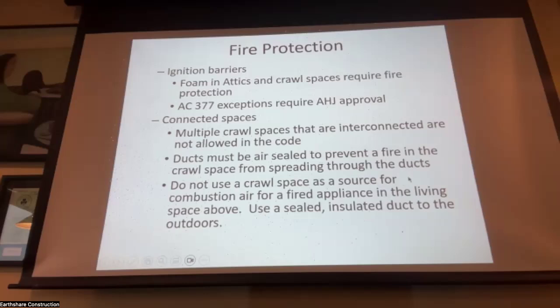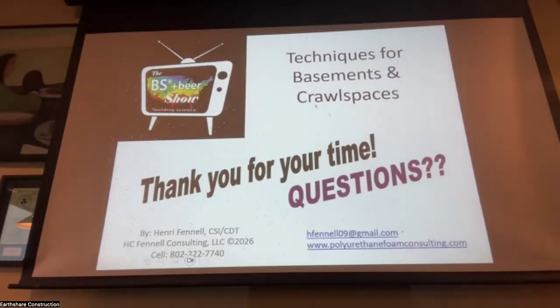And don't use your crawl space as a source of induction air for your gas furnace or whatever. You want to run an insulated duct through the crawl space or basement to the appliance, so you're not just leaving the doors and windows open to the crawl space and the basement. And that's it.